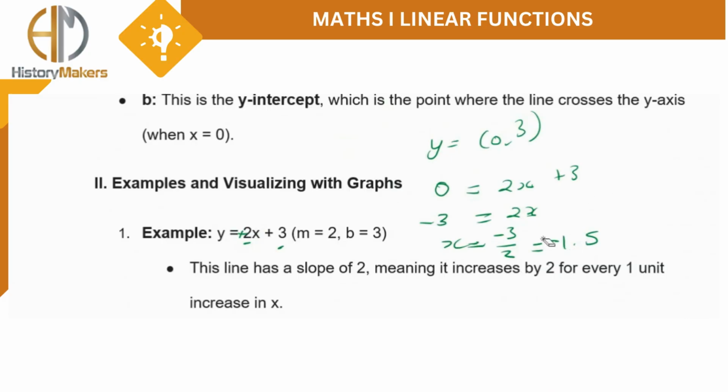Now let's draw the graph. So meaning this line intersects the x-axis at negative 1.5 and it intersects the y-axis at 3.